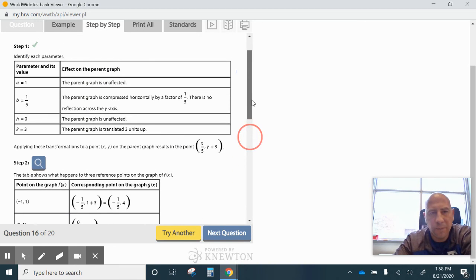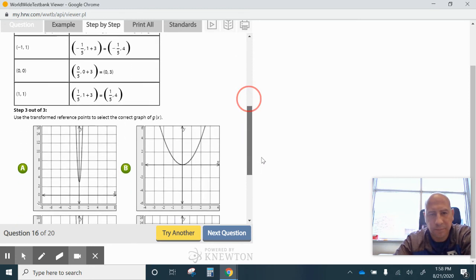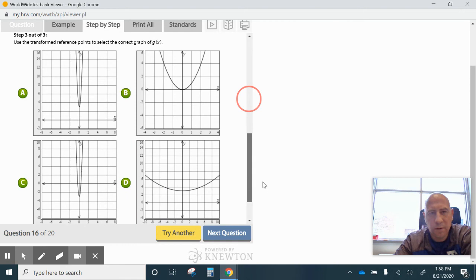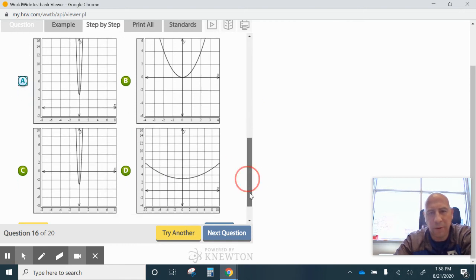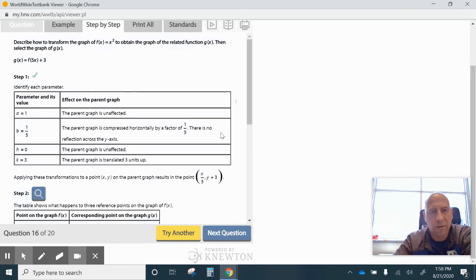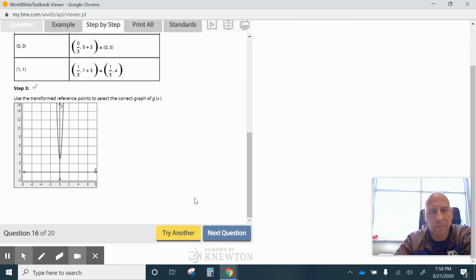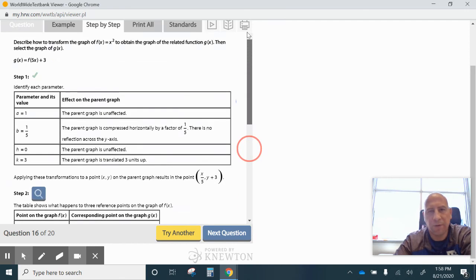So we know that it is compressed horizontally. So it's actually A. That's a vertical compression. I think that's what I missed. Yep. So again, horizontal compression can be kind of confusing, but it is what it is.